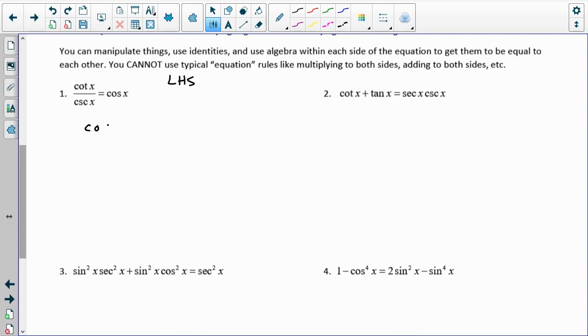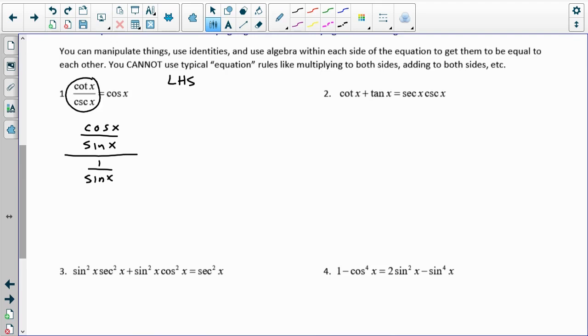So cotangent, according to one of the rules I learned earlier today, is cosine x over sine x. And cosecant is the same thing as 1 divided by sine x. So I've rewritten everything in terms of sine and cosine.